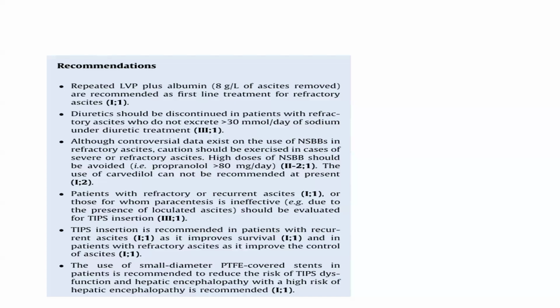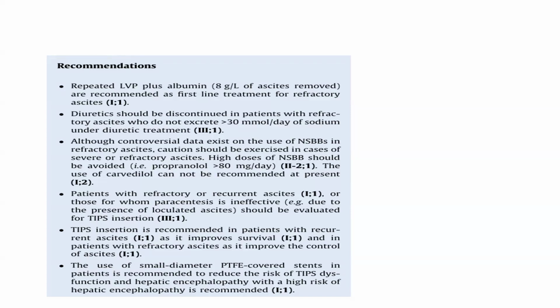Patients with refractory and recurrent ascites, or those for whom paracentesis is ineffective, should be evaluated for TIPS insertion. TIPS insertion is recommended in patients with recurrent ascites as it improves survival, and in patients with refractory ascites as it improves control of the ascites.